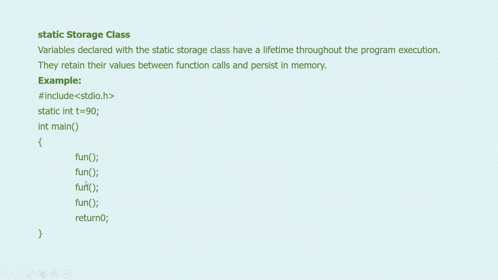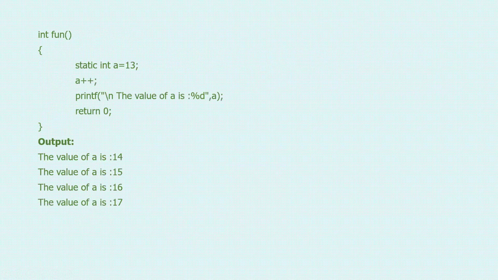Here is an example. In the main program, we are calling a function, named function, 4 times. Before the main program, we declare a static variable t equal to 90. So, whenever we call the function, here you can see the A value is 13.